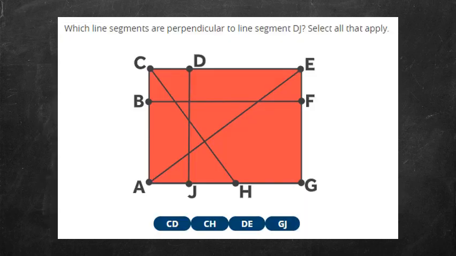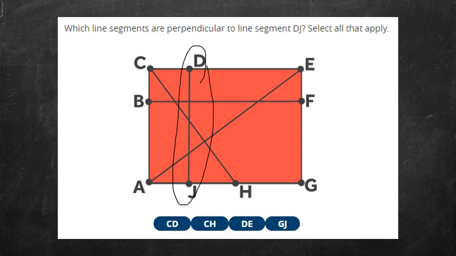Let's look at a question here. Which line segments are perpendicular to line segment DJ? Select all that apply. Now, the first thing I want to do, I want to find line segment DJ. Line segment DJ is right here. This is line segment DJ.